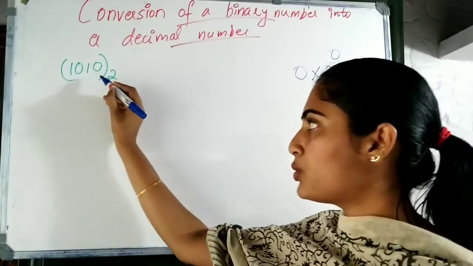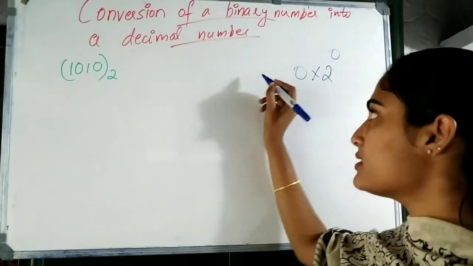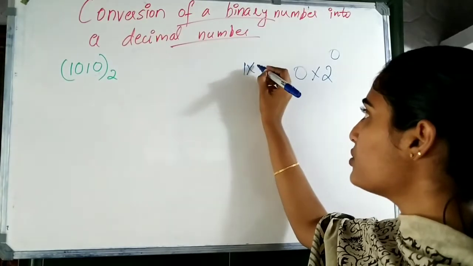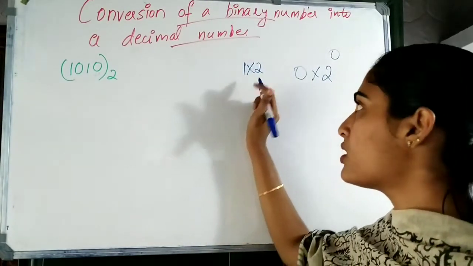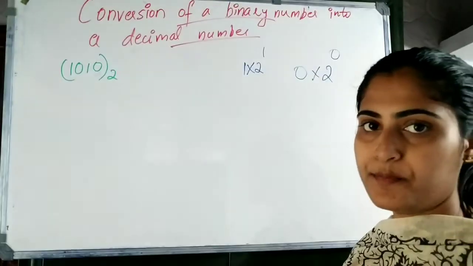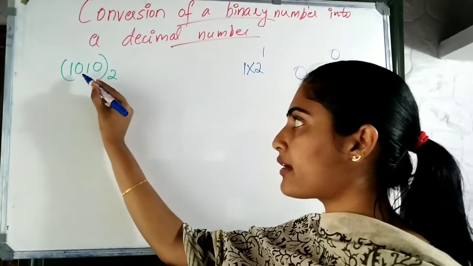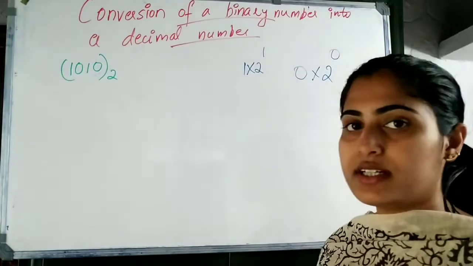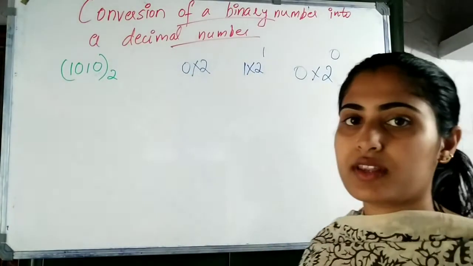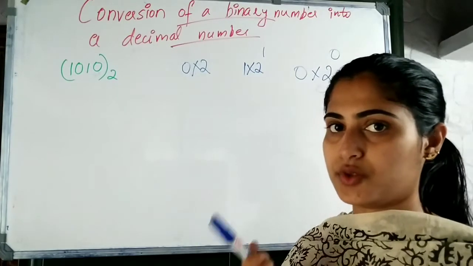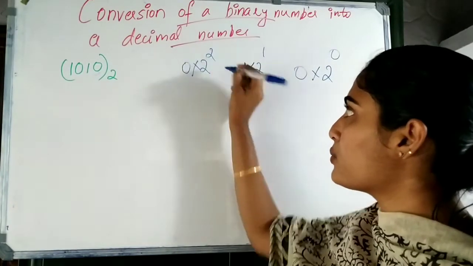Next, let us move on to the tens position. The digit is 1. 1 into 2 raised to, for the digit at tens position, the power is 1. Next, let us move on to the hundreds position. That is 0 into 2 raised to, for the digit at hundreds position, the power is 2.